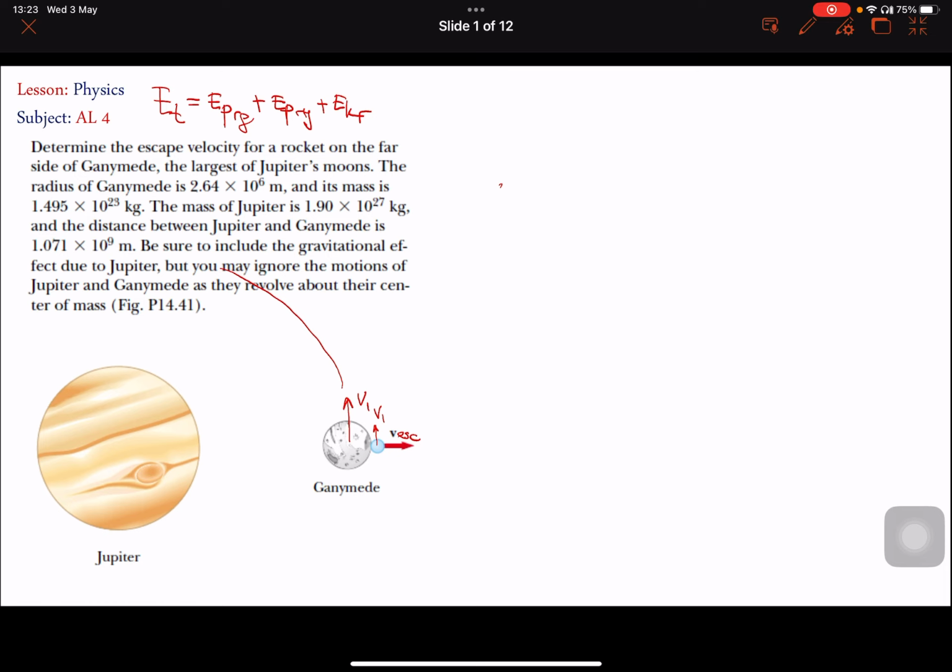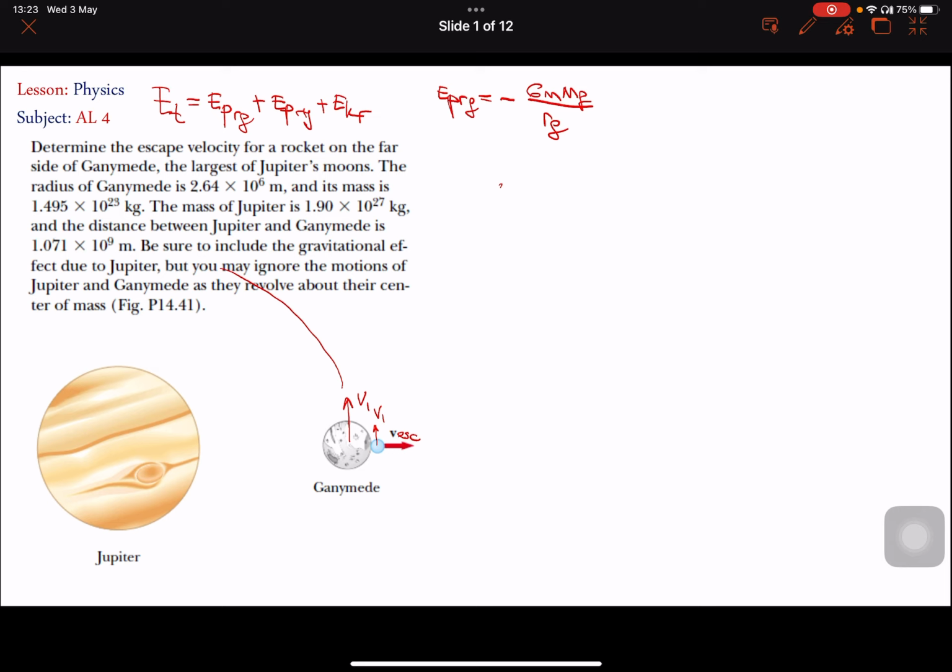Now we have to find the escape velocity, and in order to do this, we have to calculate the total energy of this rocket that's placed on the moon. Let's start with the potential energy between this rocket and Ganymede. I'll write the minus sign times G times the mass of the rocket and the mass of Ganymede, over the radius of Ganymede that is already given.